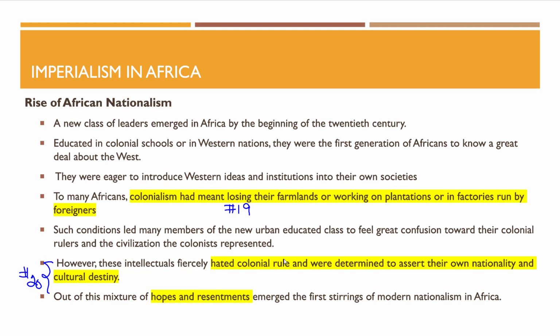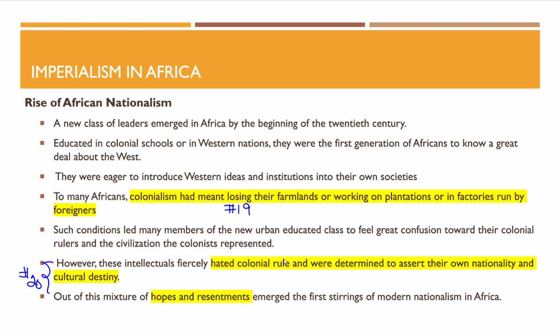So they are concerned. Also, as you see here, there's a new class and a new society that is emerging, because when schools are set up by these European or Western nations, now a new generation of Africans are learning about Western ideals and Western principles of government, democracy and capitalism and so forth.